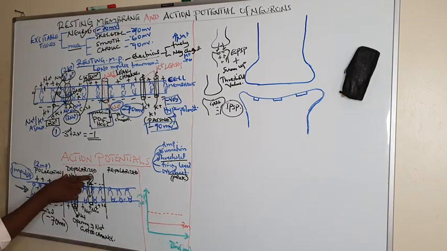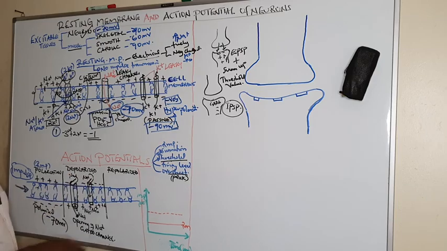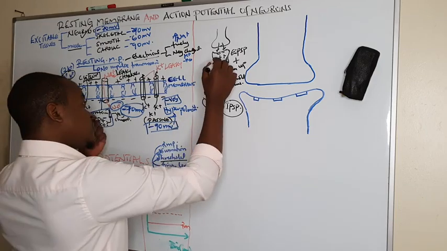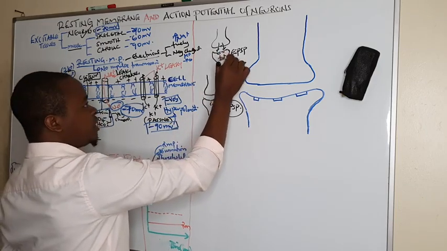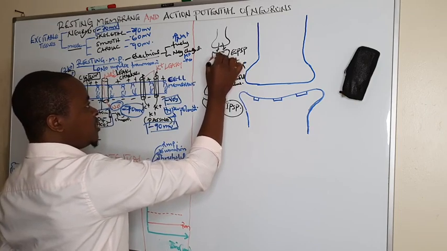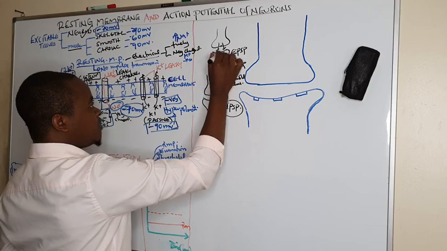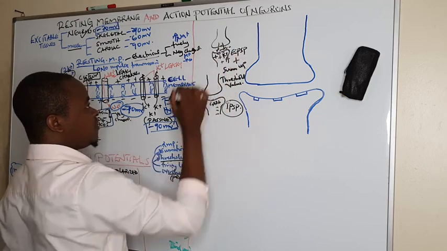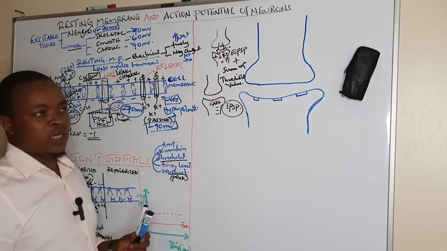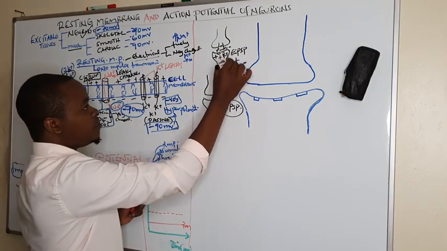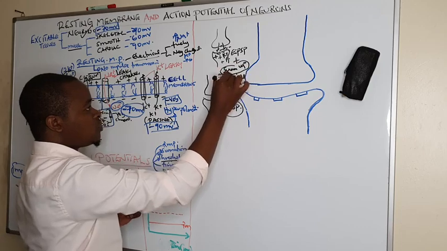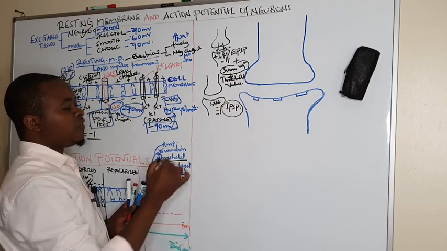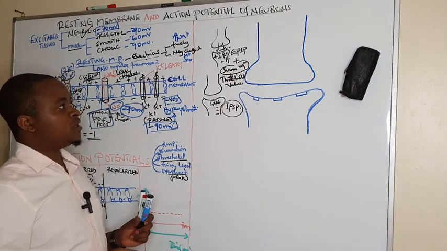If this depolarization occurs, the postsynaptic neuron is being excited, the inside becomes positively charged and the outside negatively charged. When these sum up to reach the threshold value, they fire an action potential.